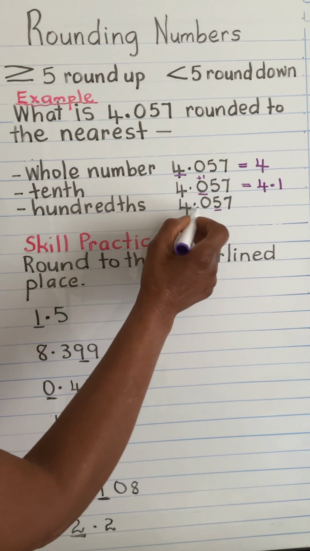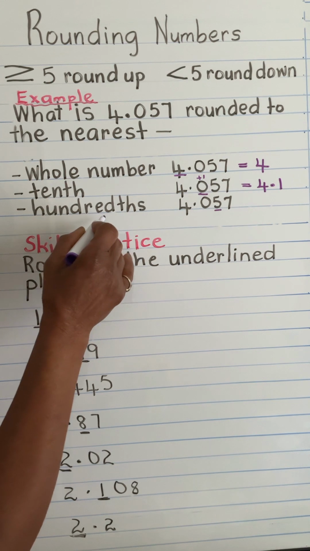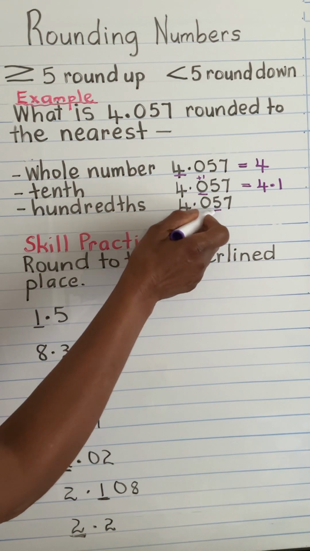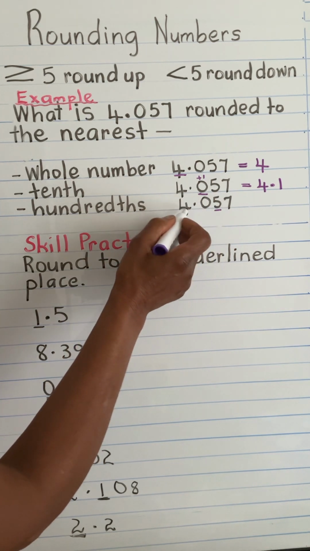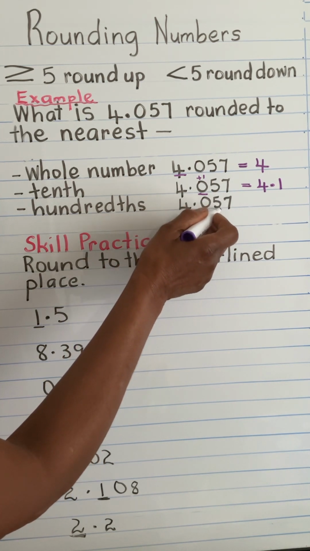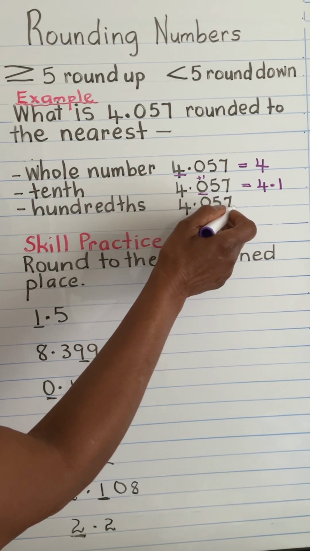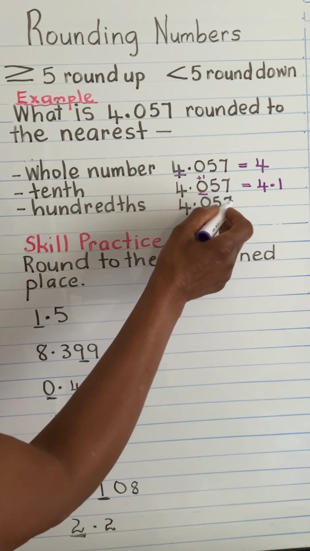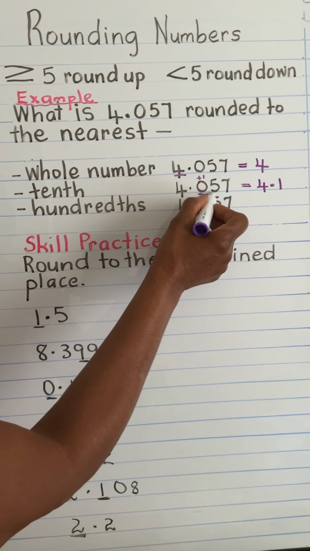Round 4.057 to the nearest hundredth. Hundredth, 2 places away from the decimal point. So this is the 5. So 5 is the rounding number. We look to the right and we see 7. 7 is more than 5, so we're going to add 1 to the rounding number.